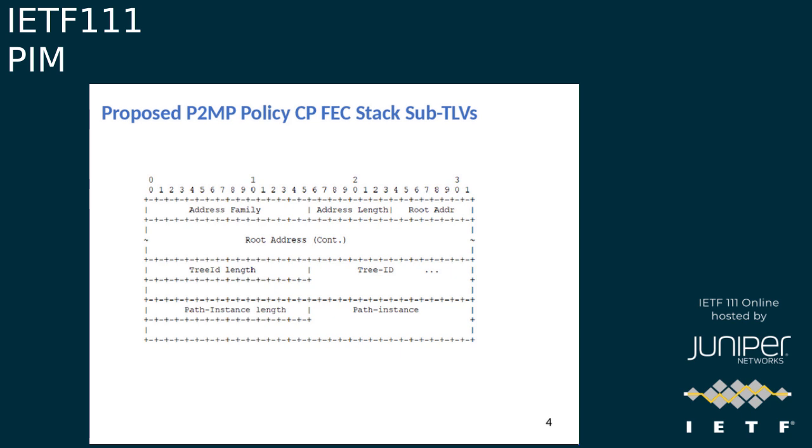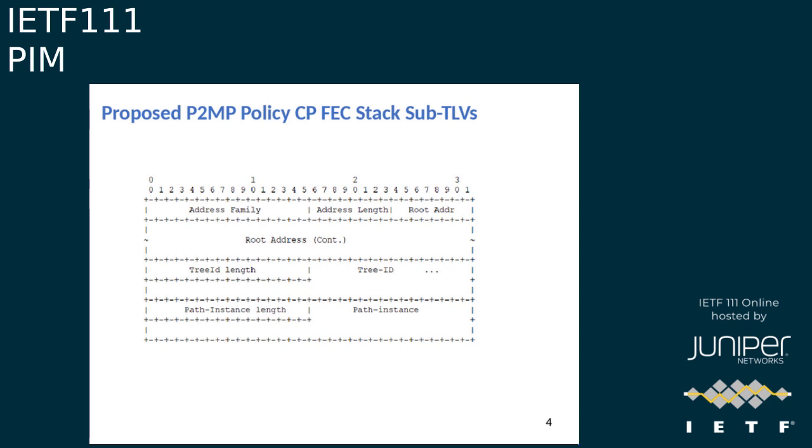Let me put it this way. When it comes to the data path itself, really a point-to-multipoint policy is very much in par with the point-to-multipoint LDP. I know some people might not agree, but basically all it is is a label in, and then you've got a bunch of outgoing interfaces, and you swap the label with the next replication segment and shoot the packet out the OIF.